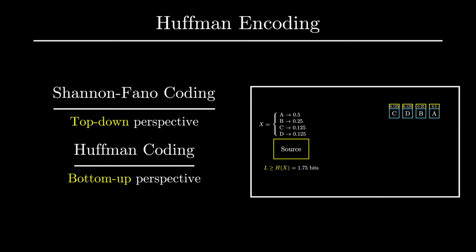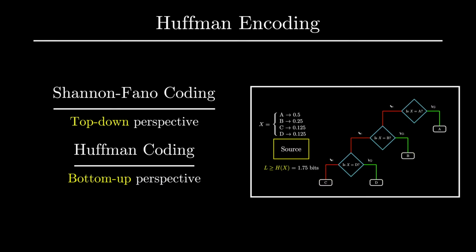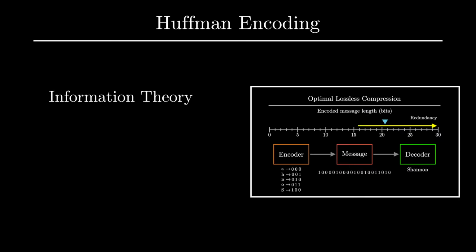I'll freely admit that the way we covered Huffman codes in this video is definitely not standard. In fact, when I first learned Huffman codes, it was within the context of an algorithms class that mentioned it as an example of a greedy algorithm. It wasn't until I saw it in an information theory context that I gained a true appreciation for it.